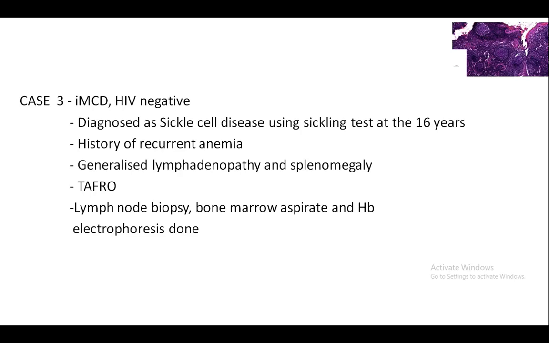So even for him, we did a lymph node biopsy, keeping in mind that in a patient who has a lymphoma or any malignancy, the sickling test could actually come out positive. A bone marrow aspirate was done, and HB electrophoresis was done to confirm the sickle cell disease. The sickle cell disease was actually disproved by the HB electrophoresis.